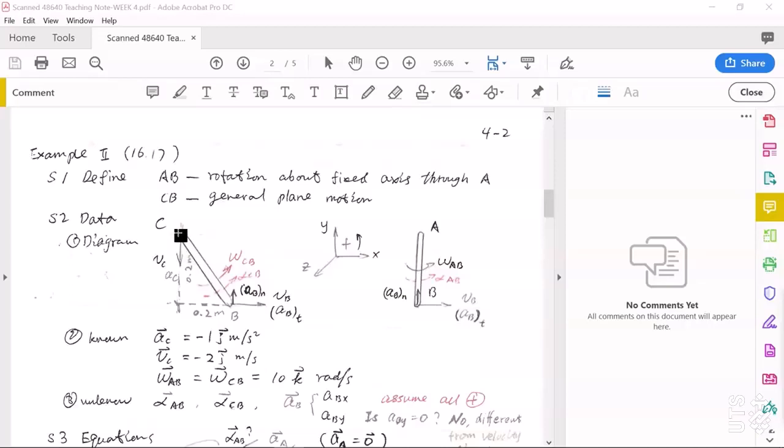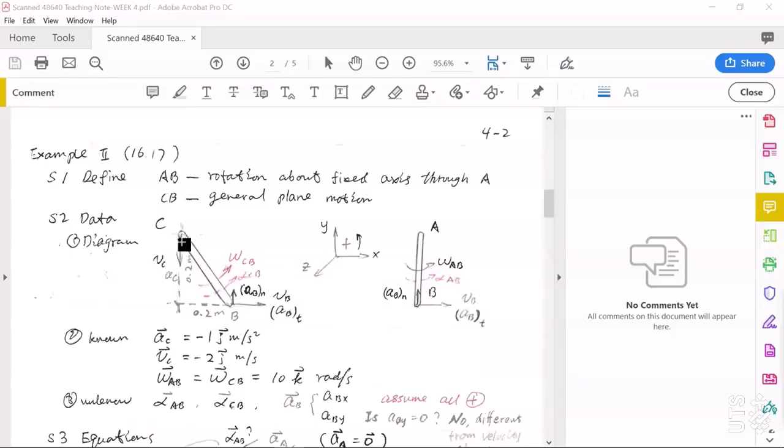Now we look at link CB undergoing general plane motion. For this one, at point C, C is the pin connection point between link CB and the collar C. The collar C, its acceleration and velocity both are already known.